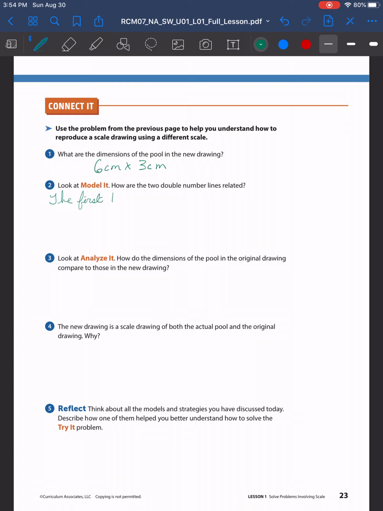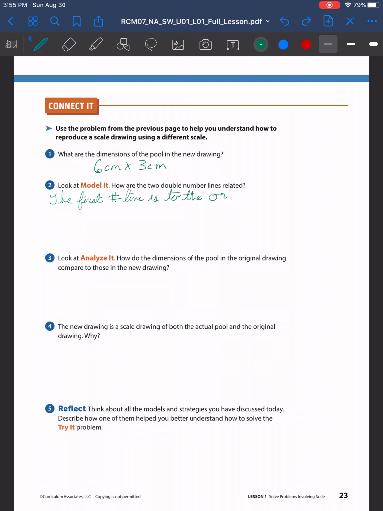The first number line is the original drawing to the actual pool. Sorry guys, I got confused with what I was writing there for a second.